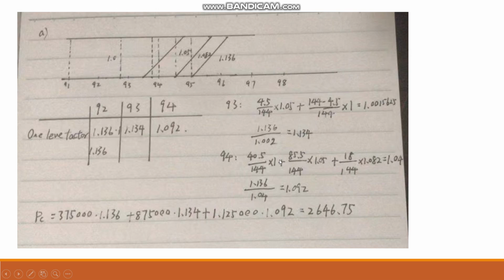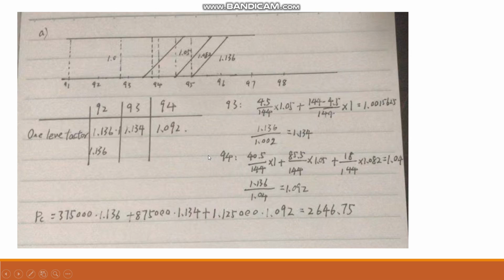85.5, and we times each dividend, each ratio, by the rate change, so we can get the average rate of 1994, which is 1.092.